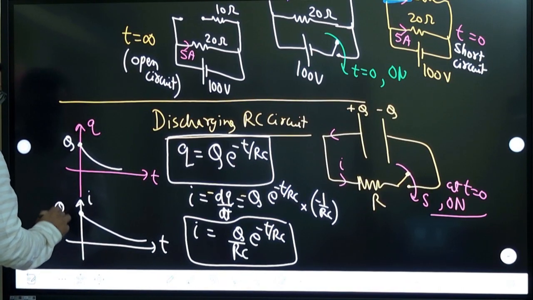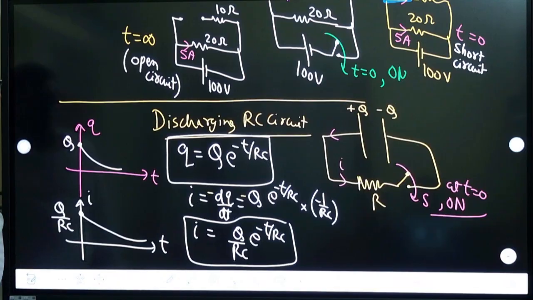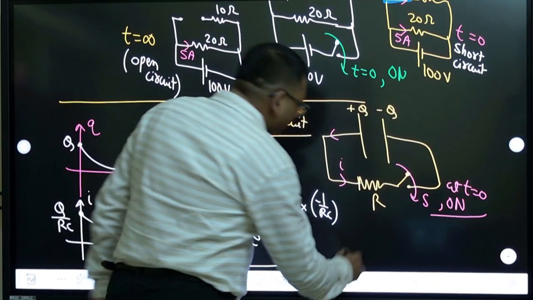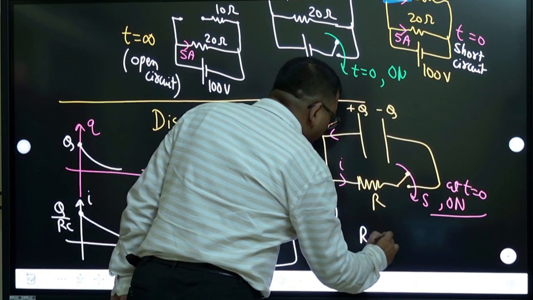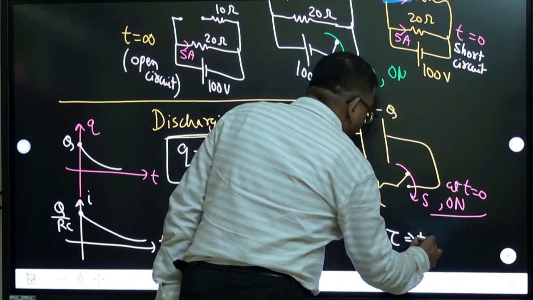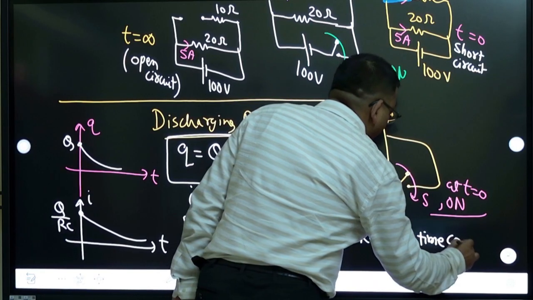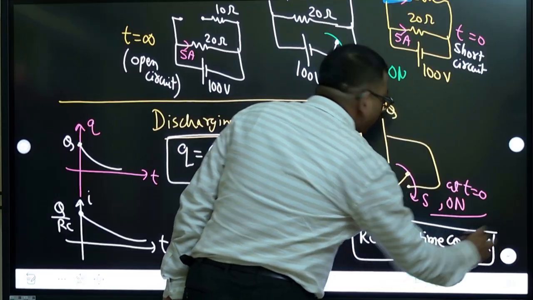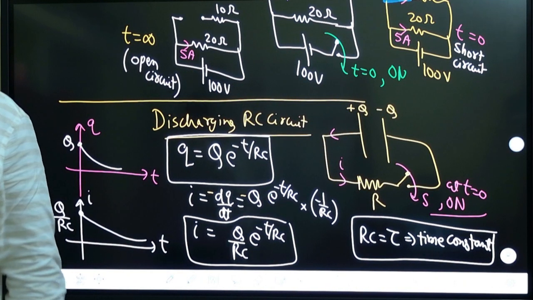Maximum current is Q by RC. That's all. And note here that this factor RC is called tau. This is called time constant. Clear?